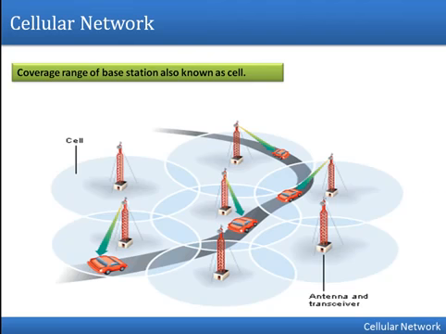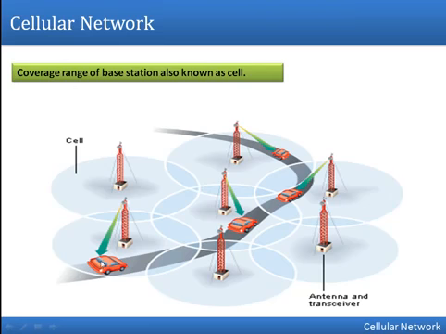So this we have already discussed: the coverage range of a base station is also known as a cell. Now when we have multiple base stations, as you can see in this example, and our user is mobile, a user is talking while driving a car. At some point the user is connected to this base station, here to this base station, and here to this base station.